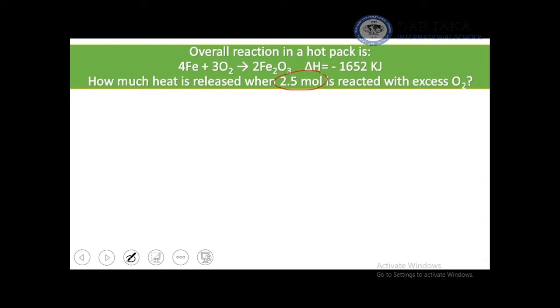So they specify the amount of moles that are used. Based on the reaction, 4 moles of Fe react to produce negative 1652 kilojoules. This is based on the chemical equation.